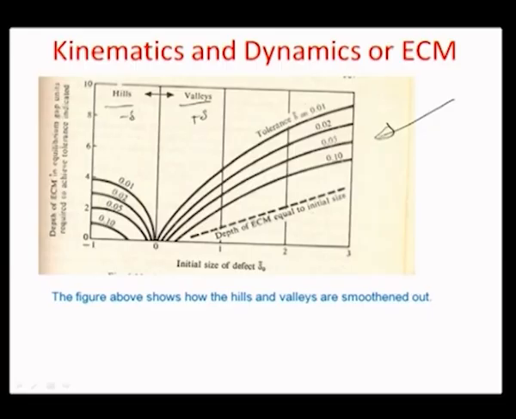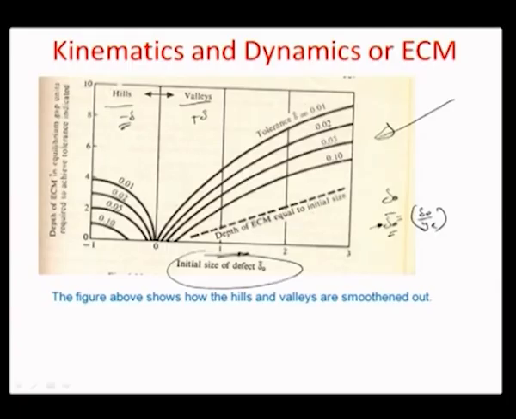And you can see that if the initial defect size is given on the x scale here, meaning thereby that this corresponds to some delta 0, okay, and delta 0 dash of course is what? It is delta 0 per unit equilibrium gap, that is the roughness ratio, okay. So you are starting with this particular delta 0 value, as you can see here, okay, and the delta 0 can be either a minus delta 0 if it is a hill, or it can be a plus delta 0 if it is a valley.